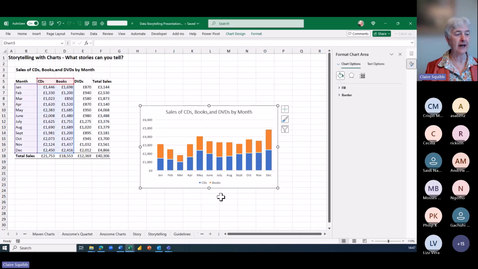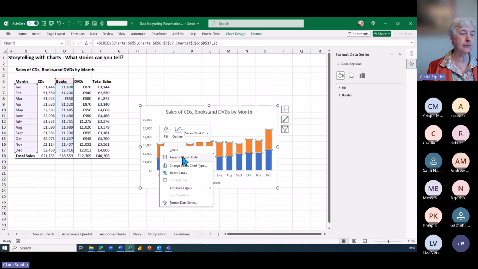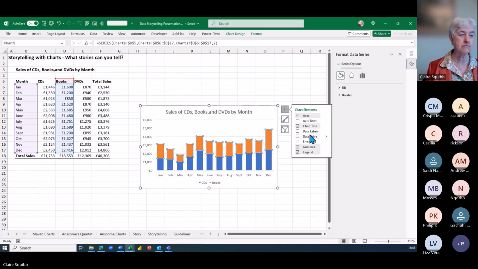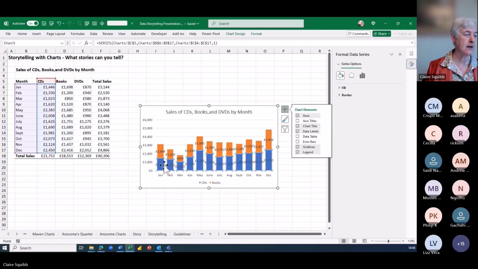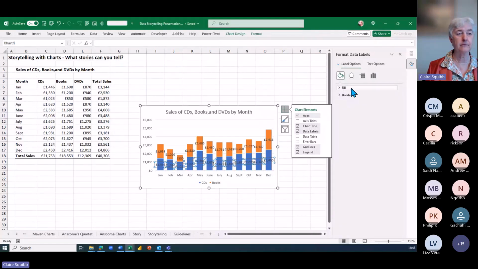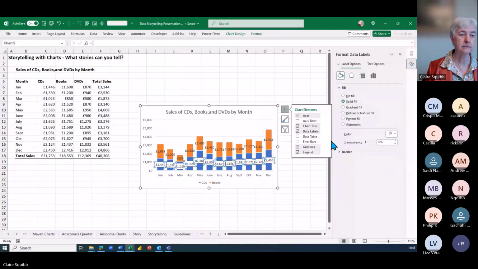So have a think about laying your charts out properly, not including too much data. So I could show data labels here, and format them so that they have a semi-transparent label so that you can see them a bit better.